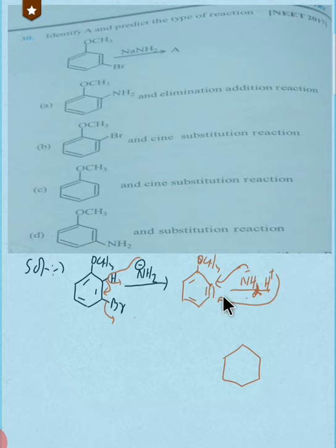This extra pi bond will be broken. This will be OCH3, and to this carbon atom NH2 will be attached.